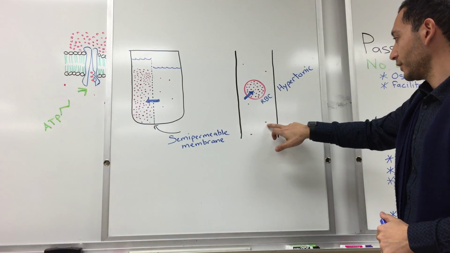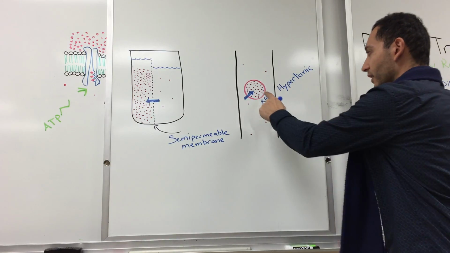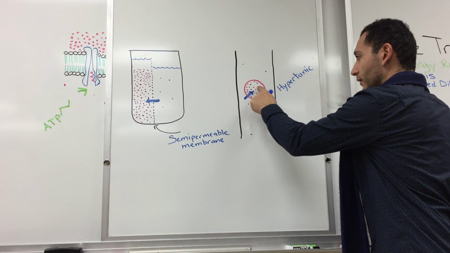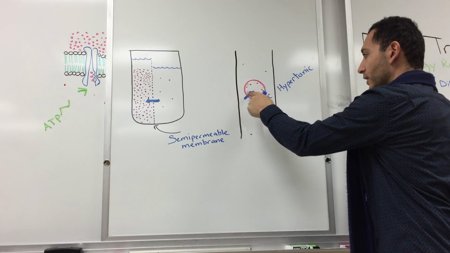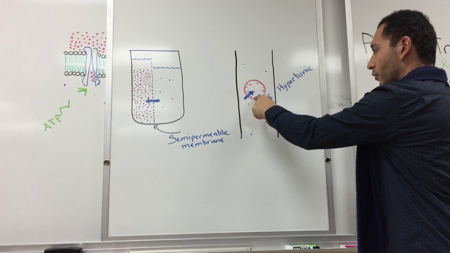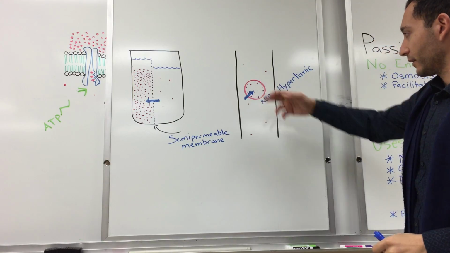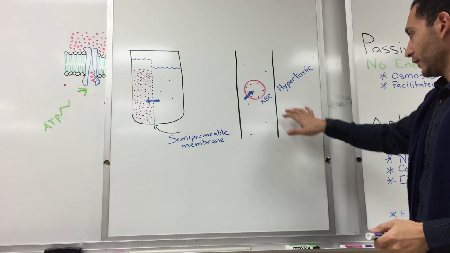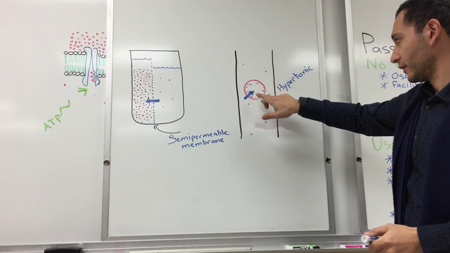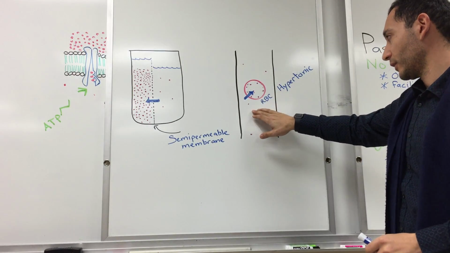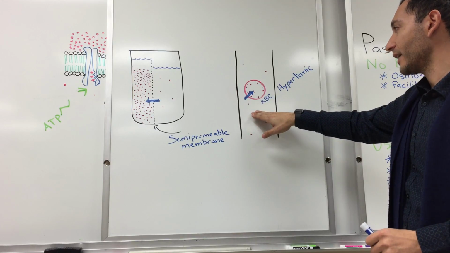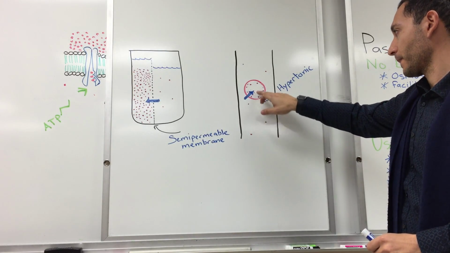If the solute outside is the same as the solute inside, if we took away some of these, and the distance between each of these particles would be more or less the same, then you would say the cell is isotonic to the extracellular space, or outside is isotonic to the inside.